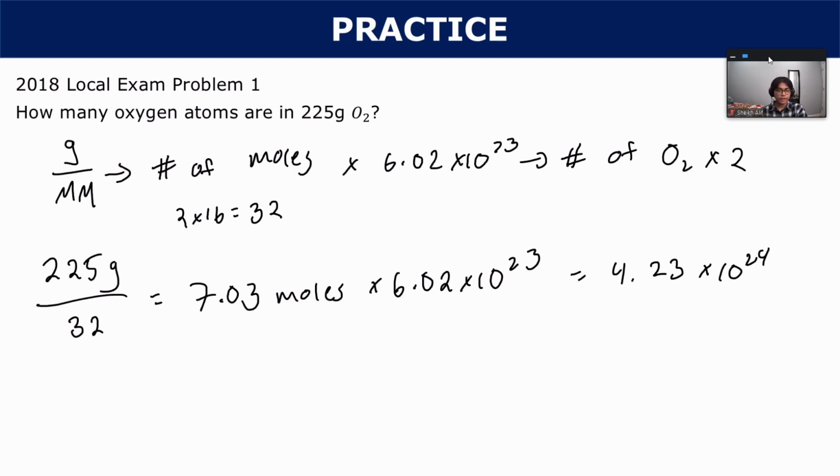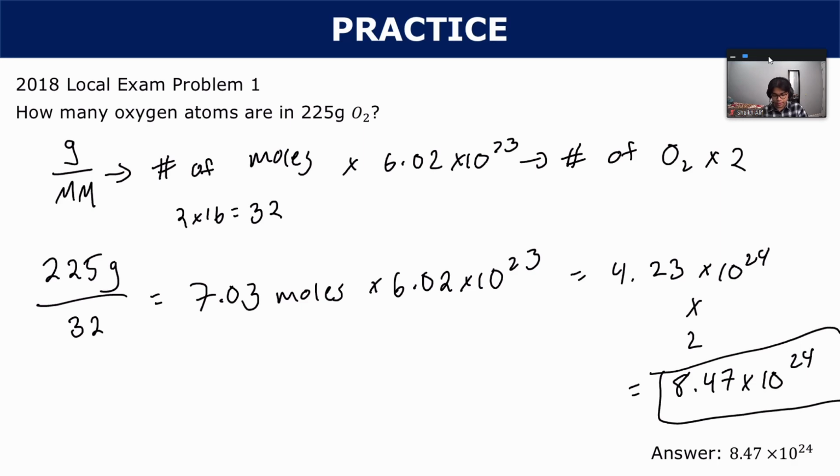But if we're trying to find atoms of oxygen, we need to multiply this number by 2. That's going to equal about 8.47 times 10 to the 24th atoms of oxygen. And what is the answer? There we go, 8.47 times 10 to the 24th. So again, the process was take the number of grams, convert that to number of moles, multiply by Avogadro's number to get molecules of O2, and then multiply by 2 to get the number of oxygen atoms.